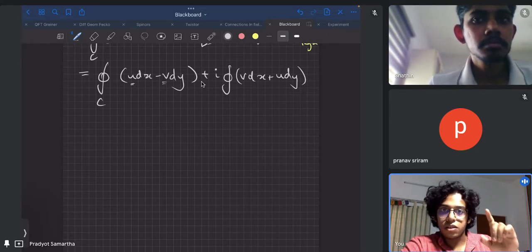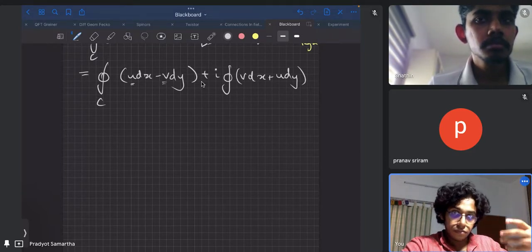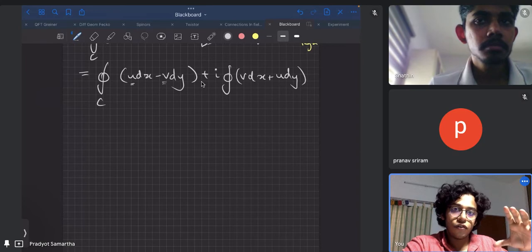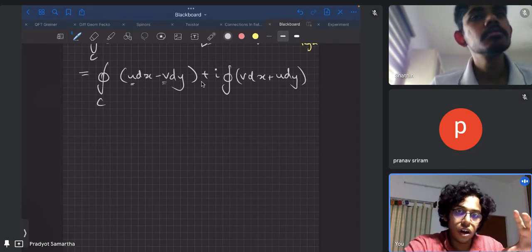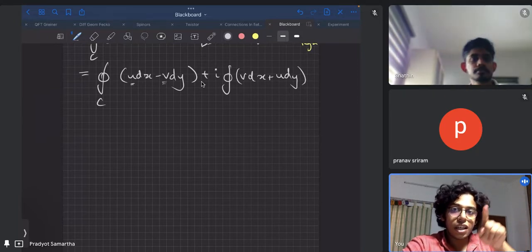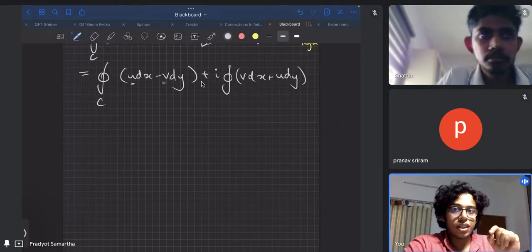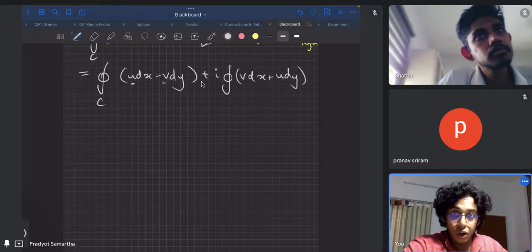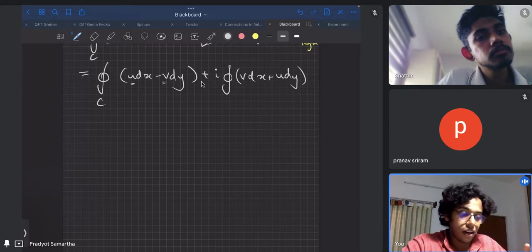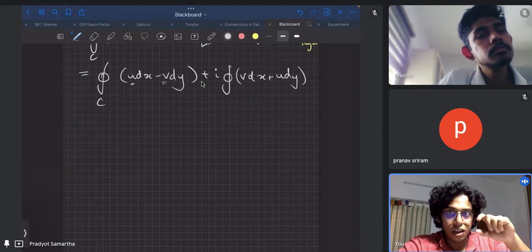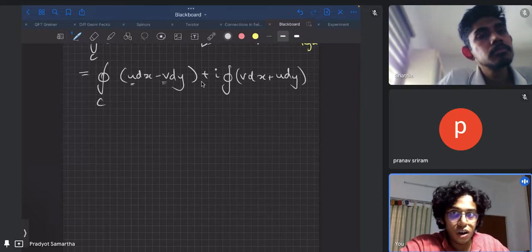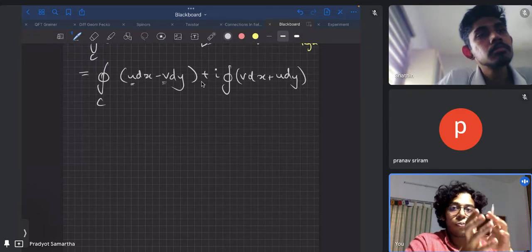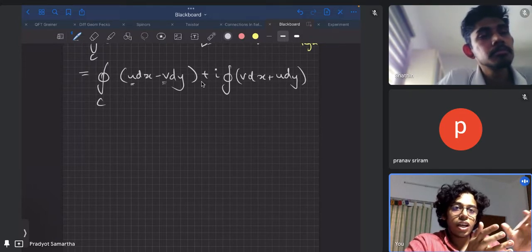When you write a function in a vector space, the function gives you some sort of potential, and dx and dy give you a vector direction. dx is the horizontal direction, and dy is the vertical direction. So x and y, dx and dy compose a vector space, and u and v give you functions on that vector space.